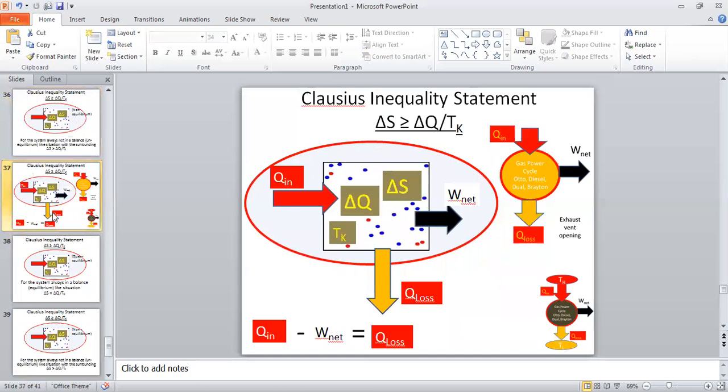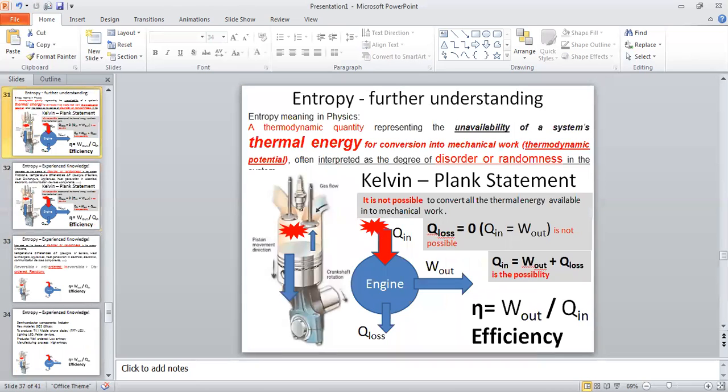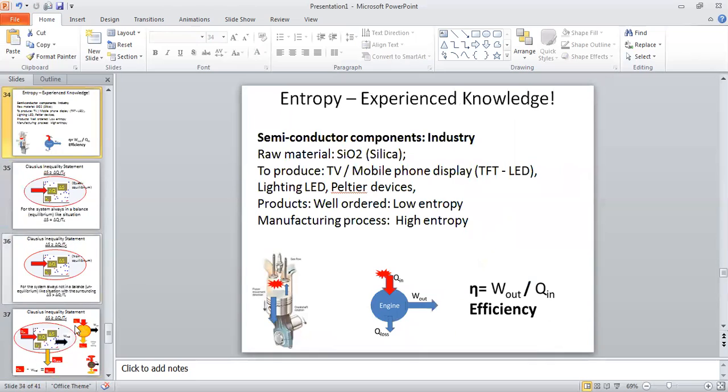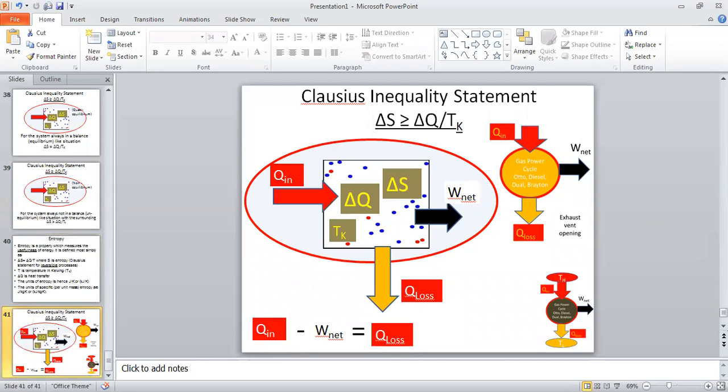Then you can have an efficiency term: work out divided by energy in. So you have to go through this, and there will be a little question out of this knowledge.